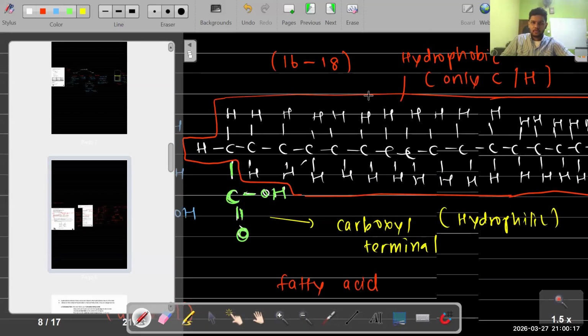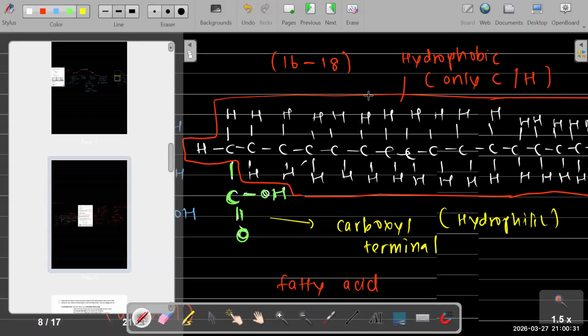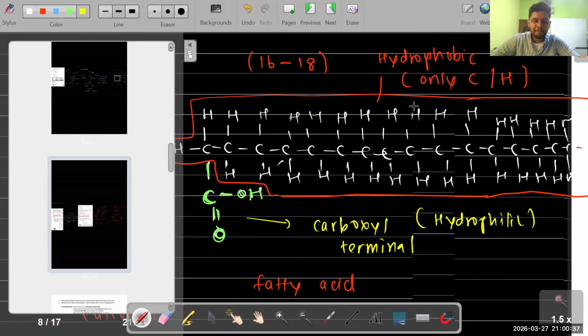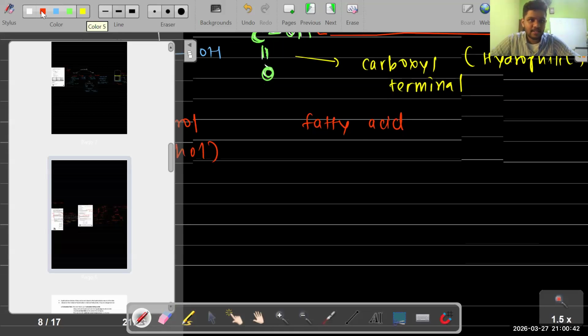Now just think, is it practical for a student to draw this complete structure on paper? Is it an easy work? No. So, instead of this complete red part, we use a simple term called a variable. Here I'll draw the carboxyl terminal.